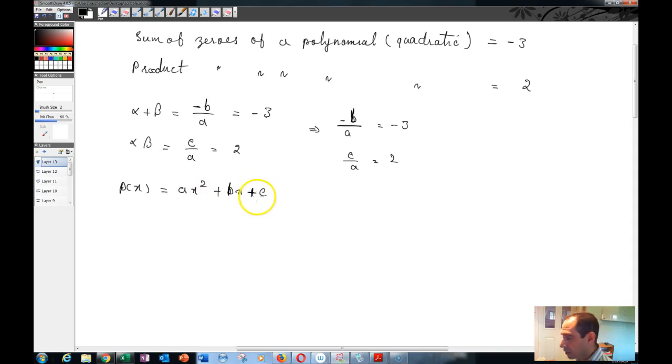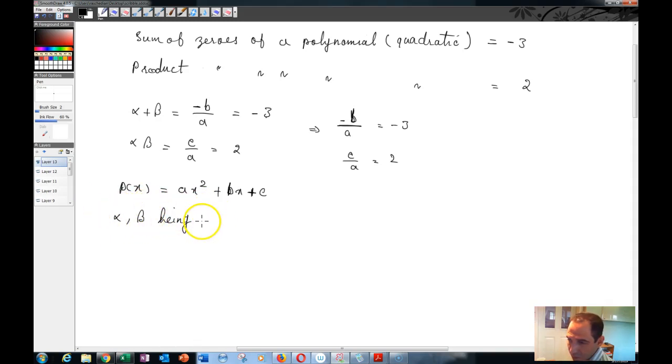Let's say that alpha and beta are two zeros of this polynomial. Of course I'm just doing some sort of experiment here. I don't know really where that takes us, but let's do this experiment.